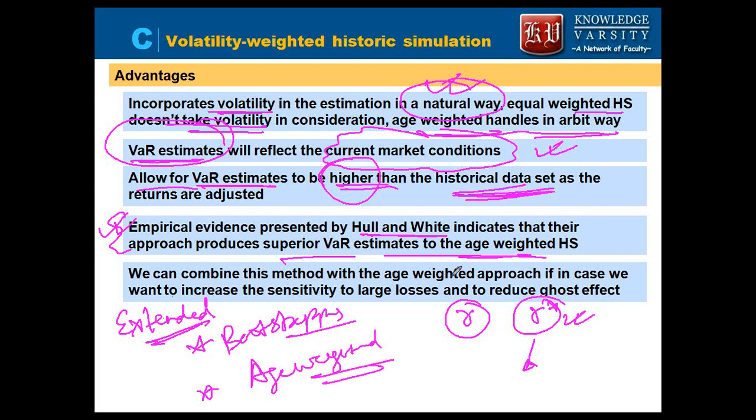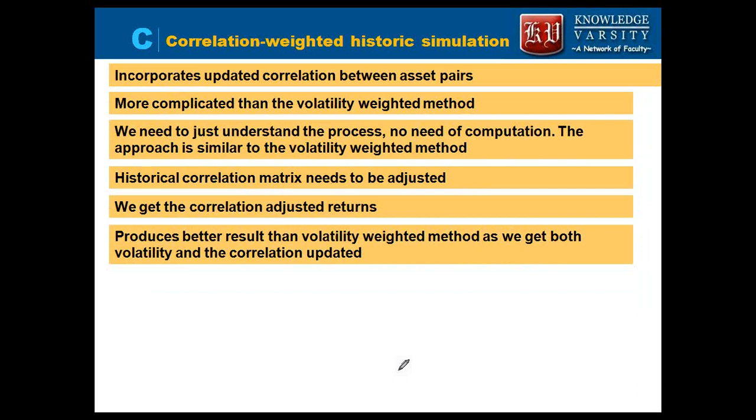If you want to increase sensitivity to large losses, or decrease the ghost effect, you can incorporate the age weighted method. Again, we do not have to worry about the actual implementation. We need to know the process, the advantages, the disadvantages, etc.